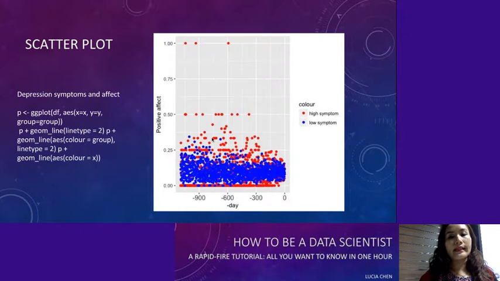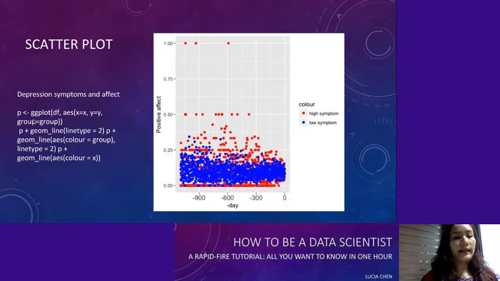We can see that people with high depression symptoms actually have a wider range in emotion. They can be very happy and very depressed. It's not like bipolar, but they tend to be less stable than the low symptom group, I would say. So if you have a graph here, it's easy for you to understand.